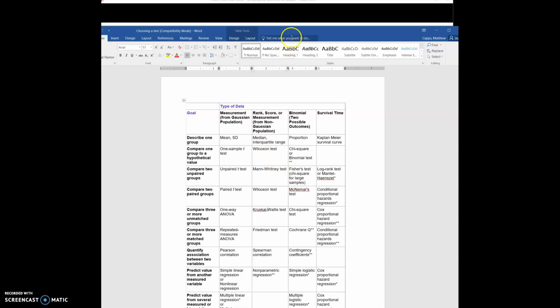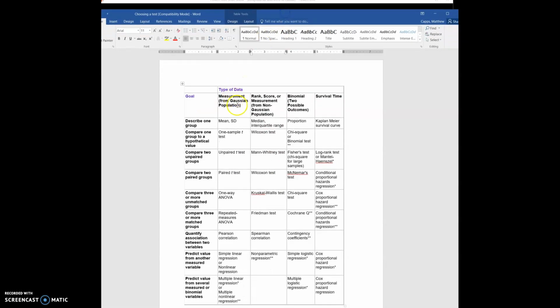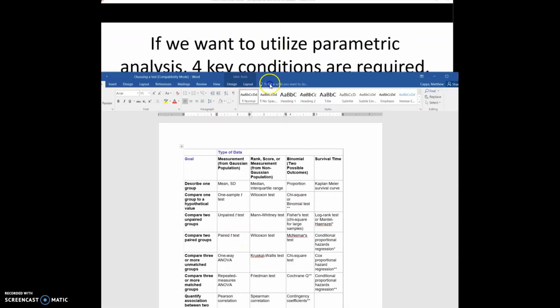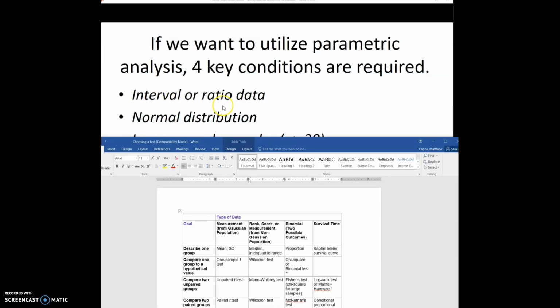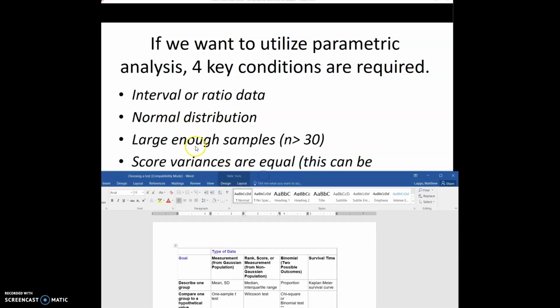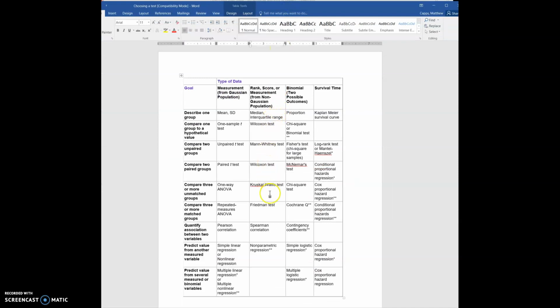But what I want you to remember from this is if it's real numbers that are normally distributed, that means we're going to use independent t-tests. One way to know is Pearson correlations. If it is not that kind of data, if it is not a normal distribution, if you don't have a large group, if they're not equal, you've got to pick one of these.